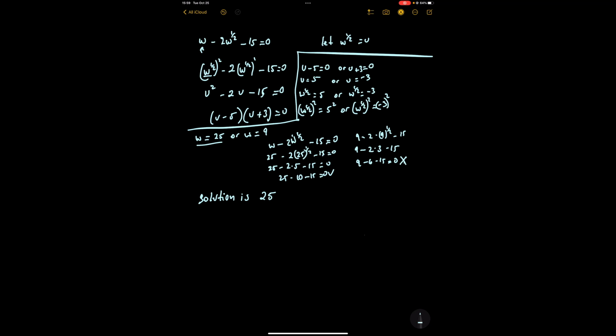So remember, whenever you solve equations, always double check to see which answer is correct. Yes, you may have two answers, but that does not mean that they are both going to be the right answer.